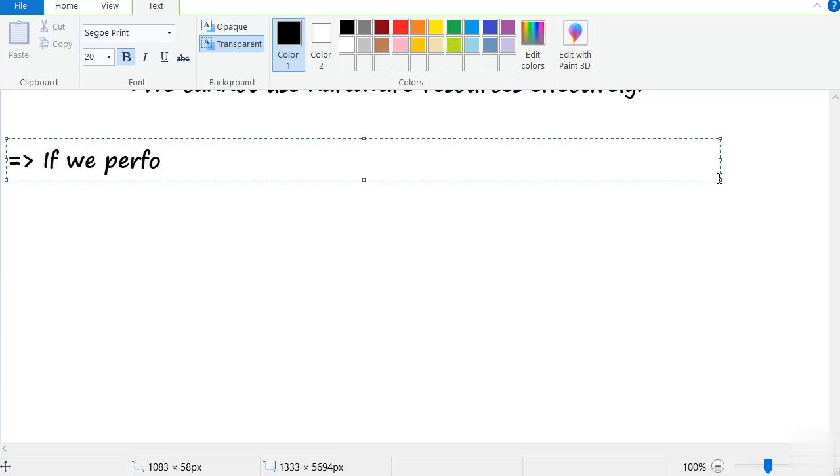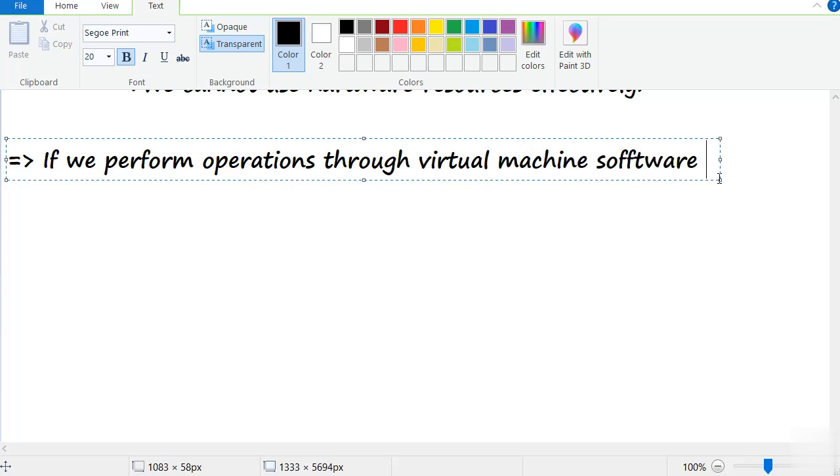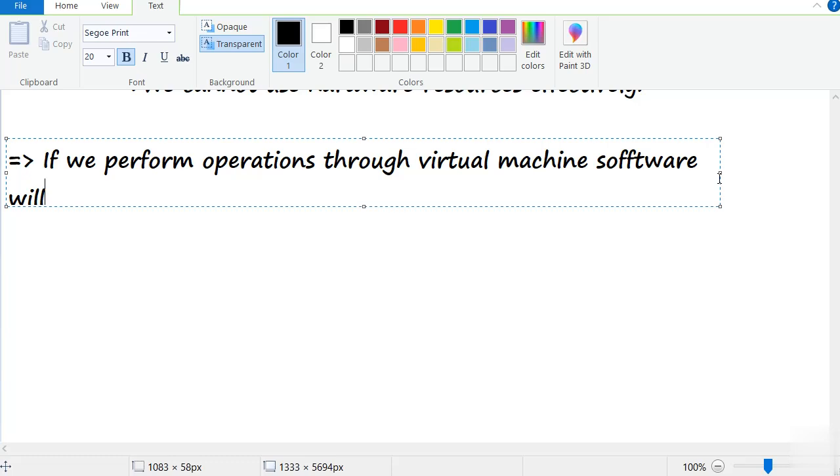If we perform operations through virtual machine software, we will have the below benefits. We will see now.